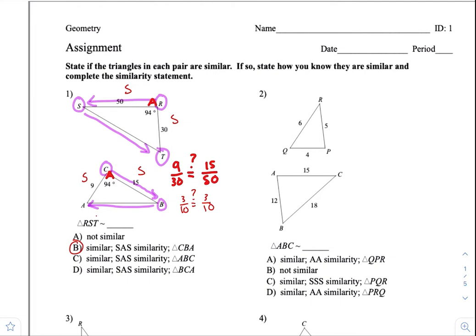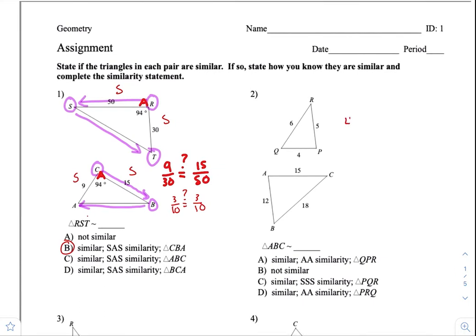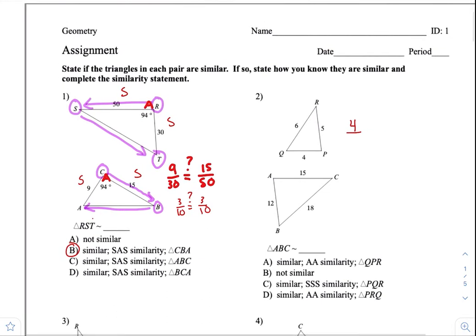Alright, let's take a look at this one. Now for number 2, you have to see if you can make any of these side lengths proportional. So 4 over, well, 4 is the smallest one, so what's the smallest one for this triangle? It's 12.